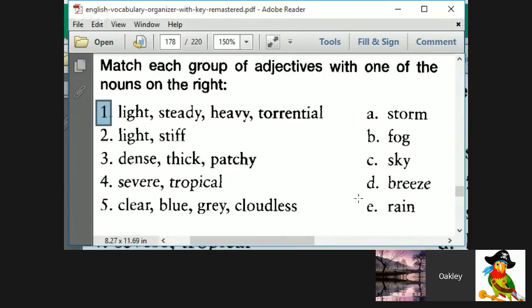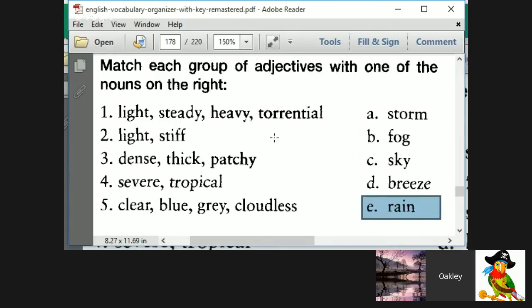I check light, steady, heavy, torrential. Nouns on the right. Which one does it match? Light. Rain. Rain, that's it.